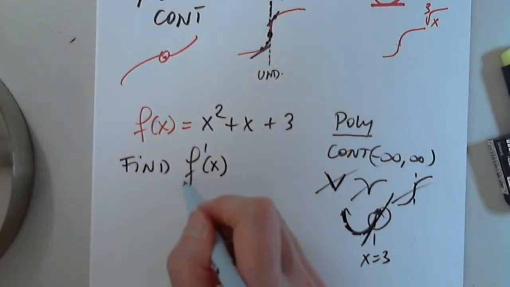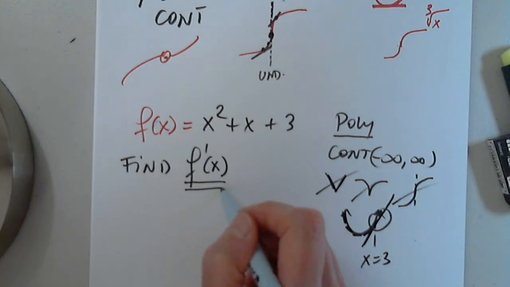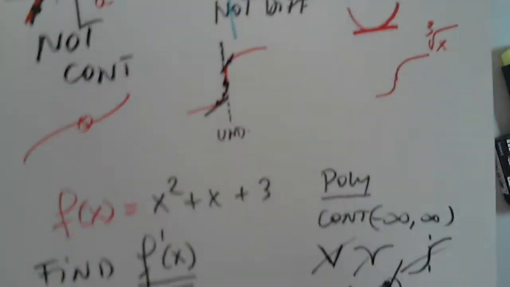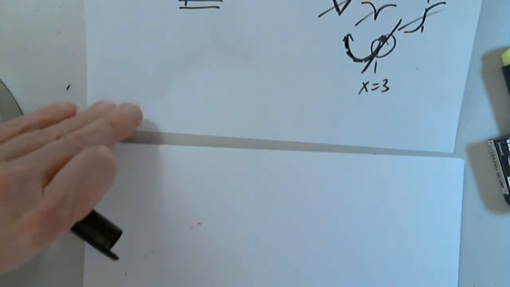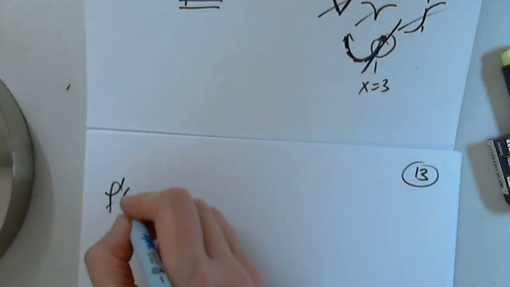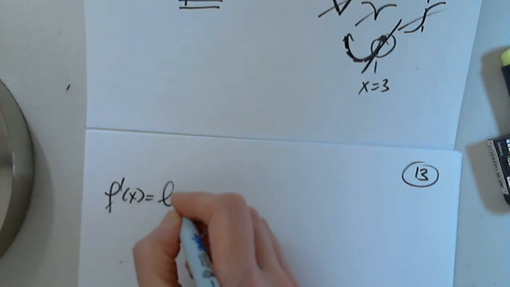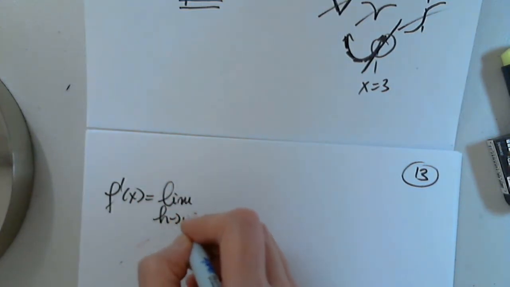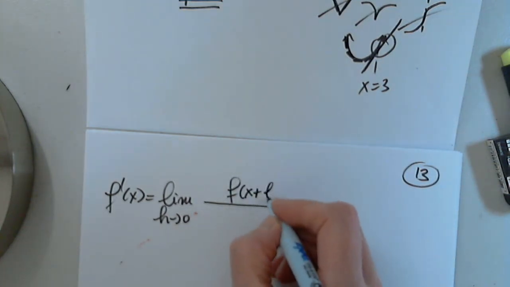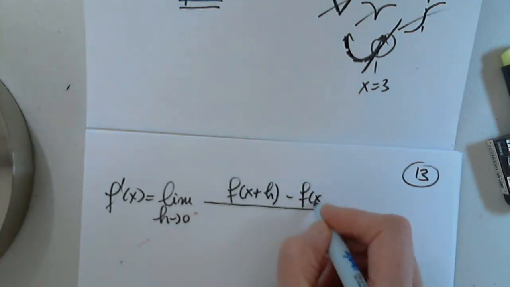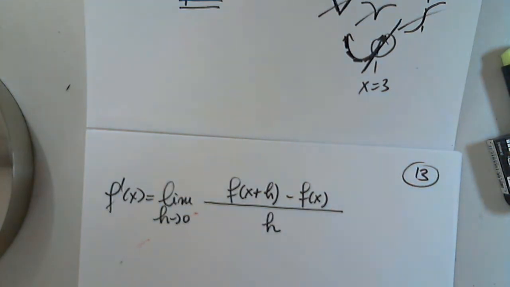Okay, so let's find f prime first. We do not know differentiation rules yet. We will in chapter 3. So right now, we are asked to find f prime. I write f prime of x is the limit as h approaches 0 of the difference quotient, f of x plus h minus f of x, divided by h.